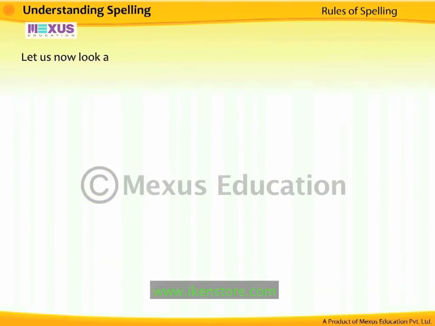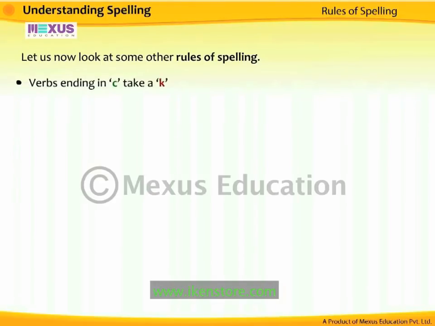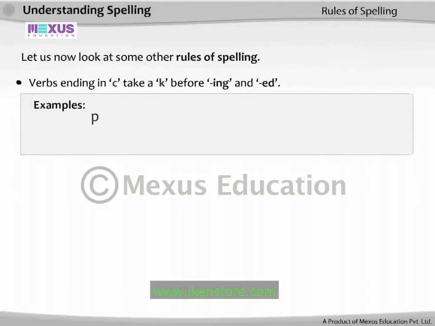Let us now look at some other rules of spelling. Verbs ending in C take a K before ing and ed. For example, P-I-C-N-I-C, picnic, becomes P-I-C-N-I-C-K-I-N-G, picnicking.